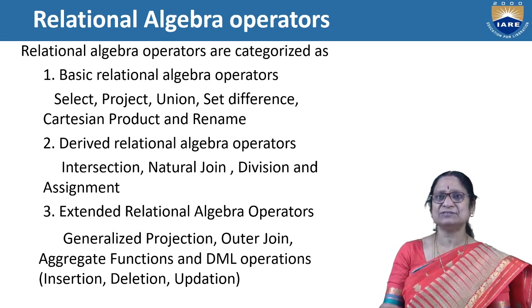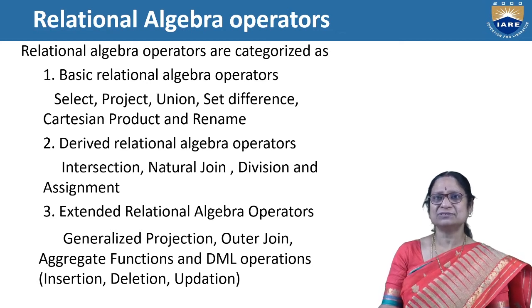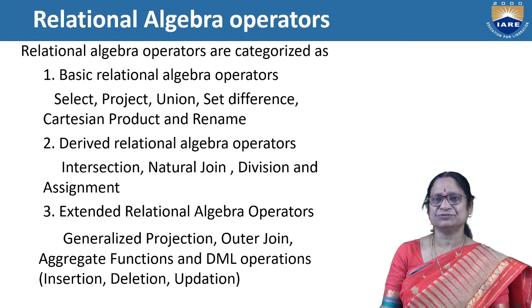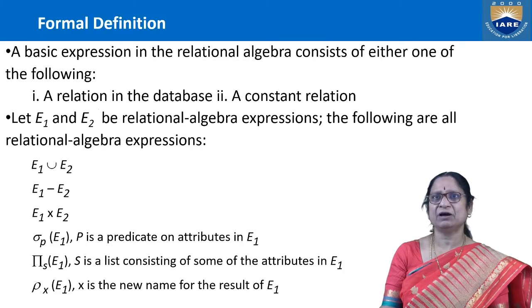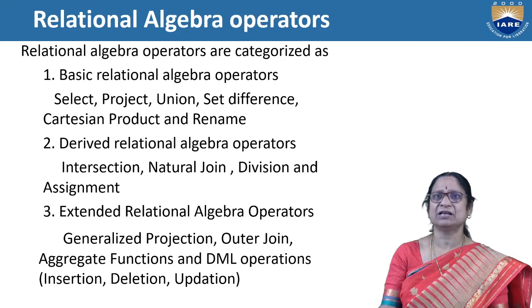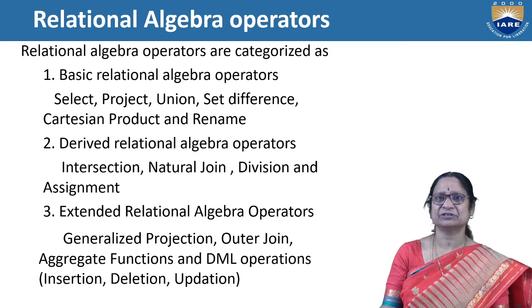Instead of using a series of basic relational algebra operators, we can use these operators so that the complexity of the query is reduced. As part of these derived or additional relational algebra operations, we have set intersection, natural join, division, and assignment operators. These four operators we will discuss in this session.